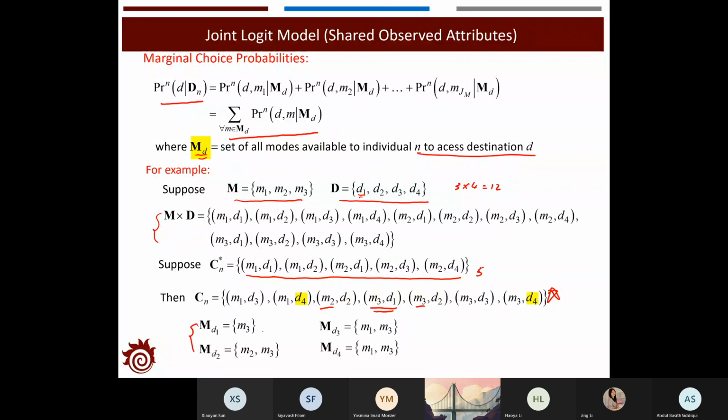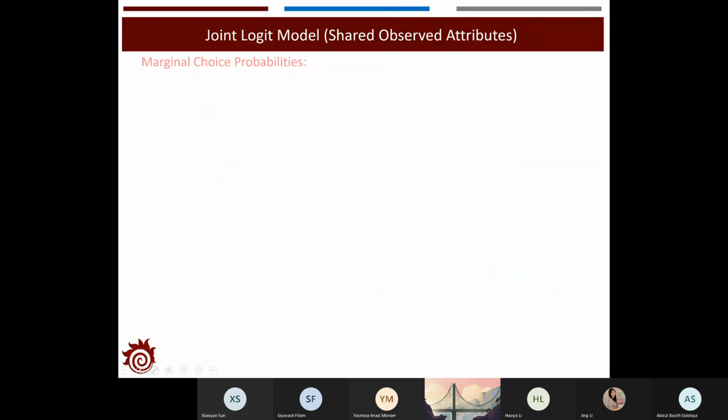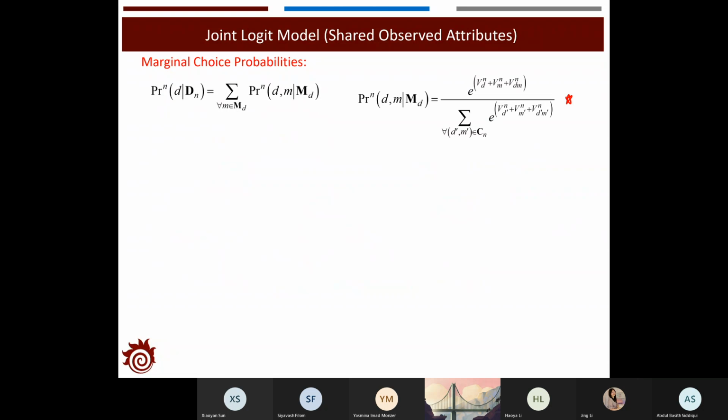So we have this set of modes available for each destination. And then we can use this information to calculate the marginal choice probability of the destination D. So we can try to recall the multinomial logit model for the combination, the probability of D and M. It's related to all the deterministic utilities.